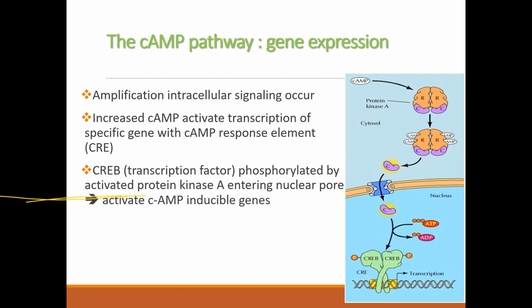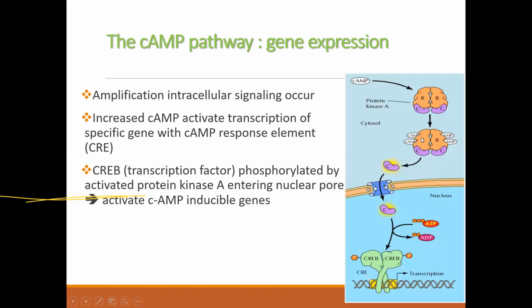When the cyclic AMP is involved in gene expression, this mechanism occurs by cyclic AMP here, and then cyclic AMP has to stimulate the protein kinase A. This is protein kinase A. Normally, it is in an inactive form because the protein kinase A is bound to the blocker, the R molecule, which causes the protein kinase A to be inactive.